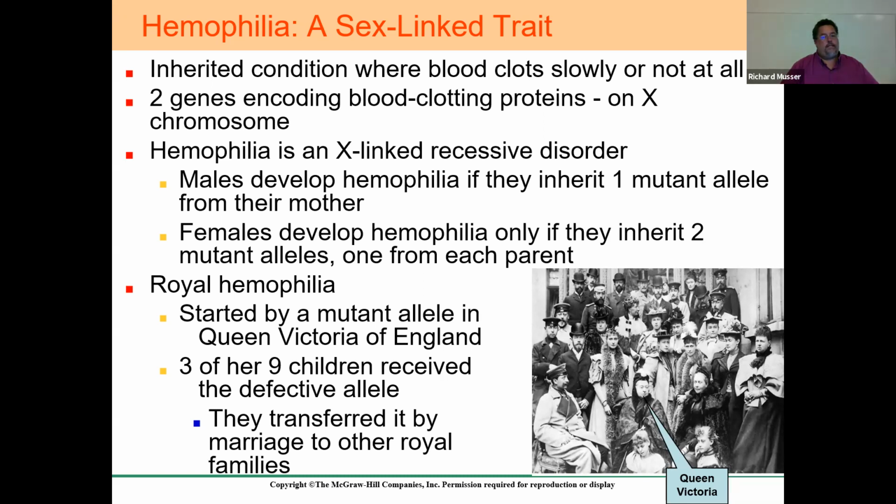And again, it was a sex-linked trait, so it was more likely the boys would have hemophilia because the trait would show up on the X chromosome. And on the Y chromosome, there wasn't any corresponding gene to the X chromosome to fend off that trait. So if it was up on the X chromosome, there wasn't a corresponding gene on the Y chromosome.